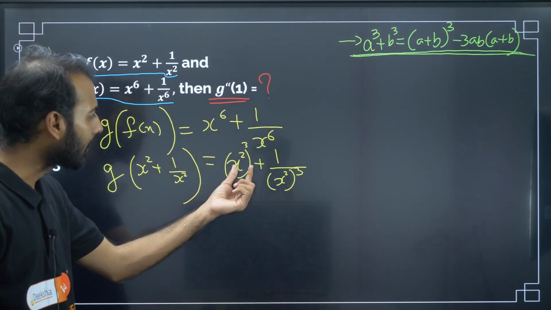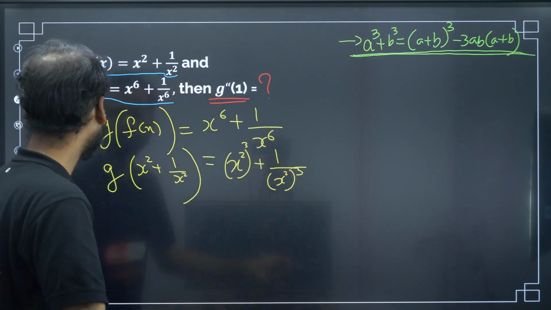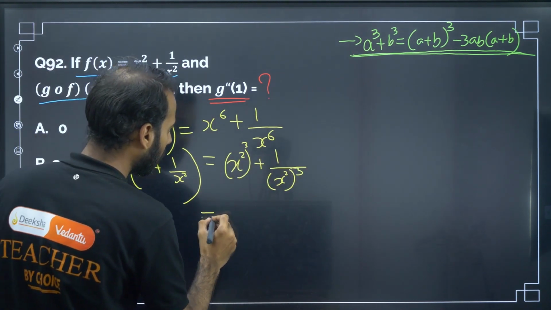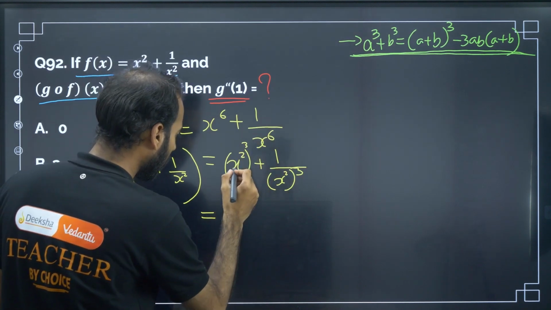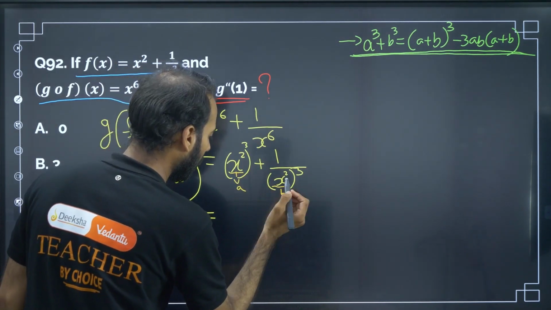Now I will see this, and this looks like a cube plus b cube. So for that, I'll write this as a plus b whole cube. This is a, this is b.